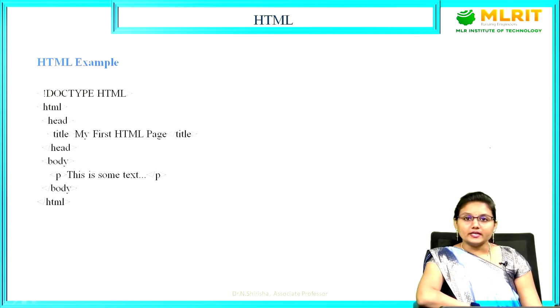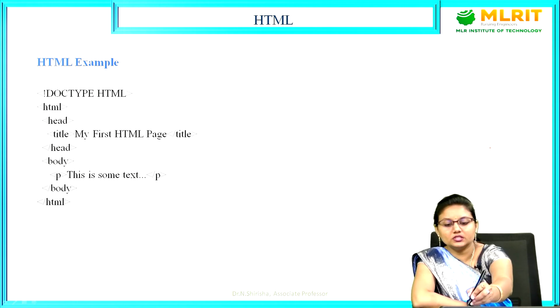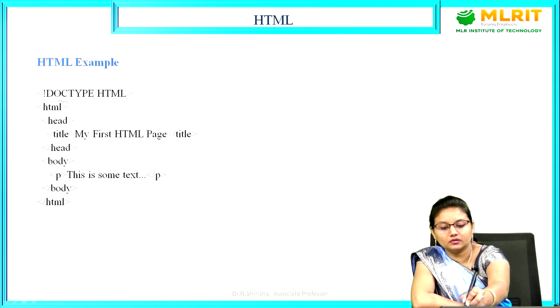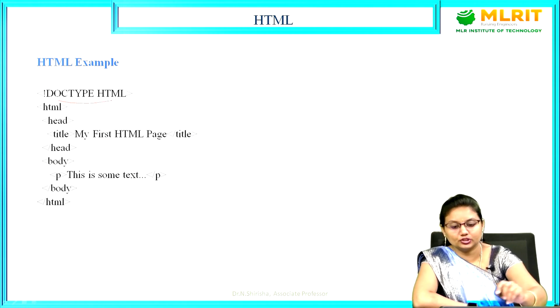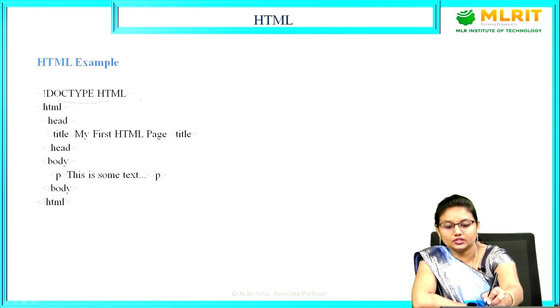Then first example. How do you write an HTML program? An HTML program is written with the first tag, which is the exclamation mark DOCTYPE HTML. You start with this, but it is not actually an HTML tag. Then HTML is the first and foremost tag you have to use to start your program, and wherever you start the HTML tag, it has to be closed at the end.